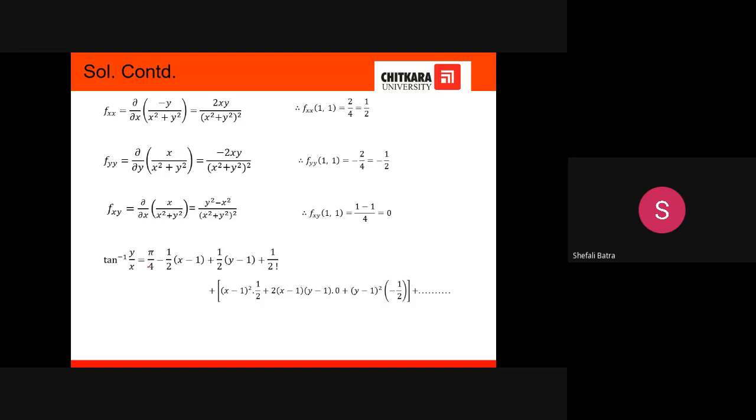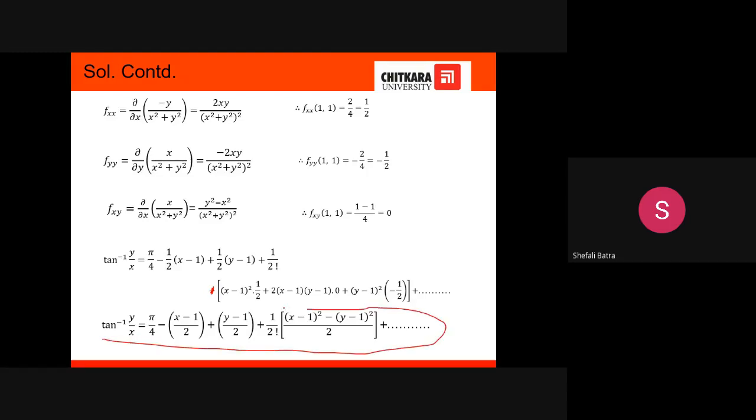That is equal to pi by 4 minus 1 by 2 (x minus 1) plus 1 by 2 (y minus 1) plus 1 by 2 factorial. It's not plus, beta, here. 1 by 2 factorial [(x minus 1) square into 1 by 2 plus twice of (x minus 1)(y minus 1) into 0, that is f_xy, plus (y minus 1) square into minus half], and so on. And finally, when you simplify it, this would be your answer. Right?